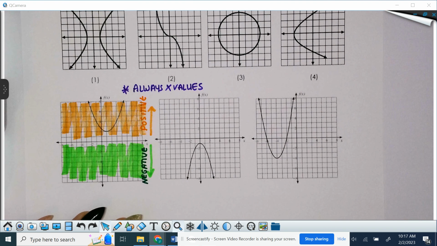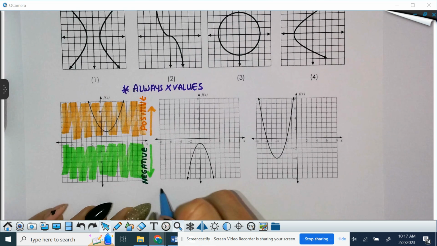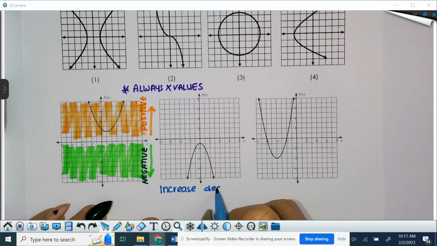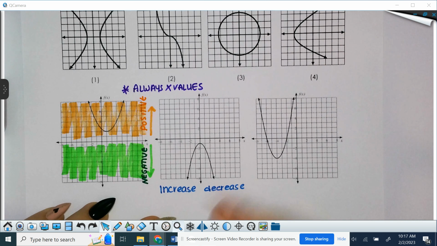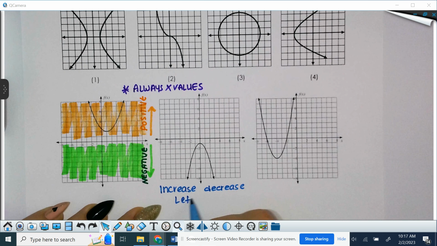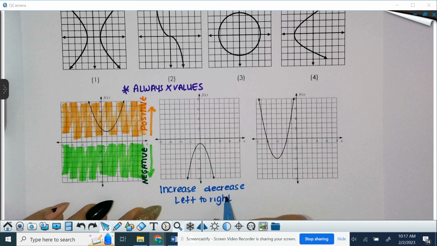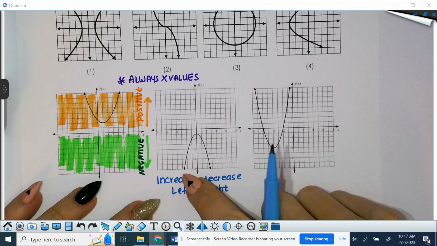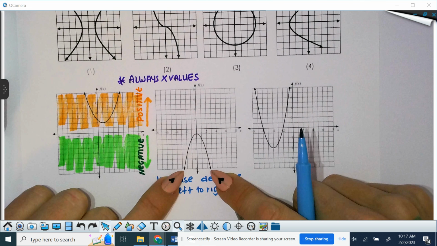Now, increase versus decrease. For increase versus decrease, we're reading from left to right, and we're looking: is the line going up? Most of you get confused because these arrows are pointing down, so you tell me this whole thing is decreasing.